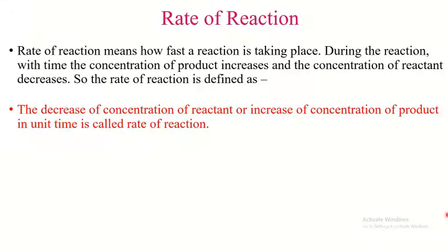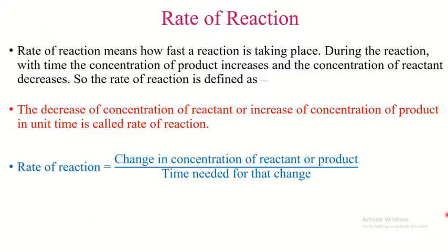Unit time means 1 second. Here time is measured in seconds. In 1 second, the decrease of concentration of reactant or the increase of concentration of product is called rate of reaction. That means rate of reaction equals change in concentration of reactant or product divided by time needed for that change.